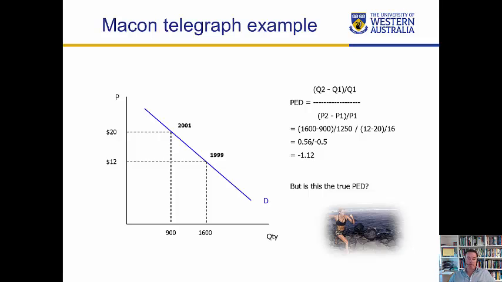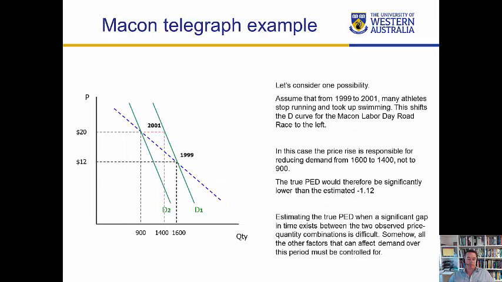To illustrate what I mean by that, let's go ahead to this example. Point 1 in 1999 is 1 point on demand curve D1. In 2001, let's assume that the weather was terrible on the day this race was run, and so fewer people actually entered the race because of the bad weather.